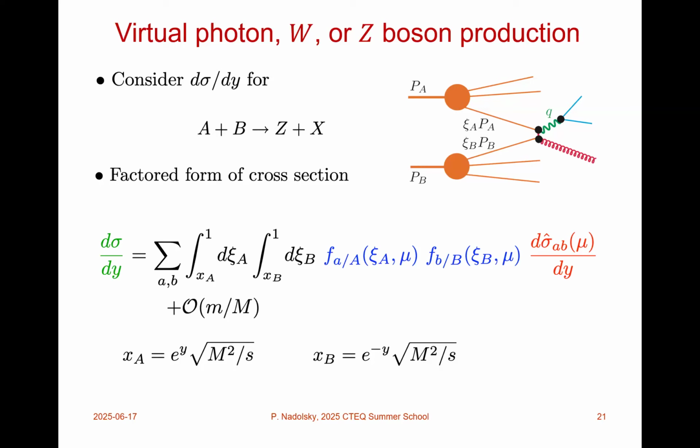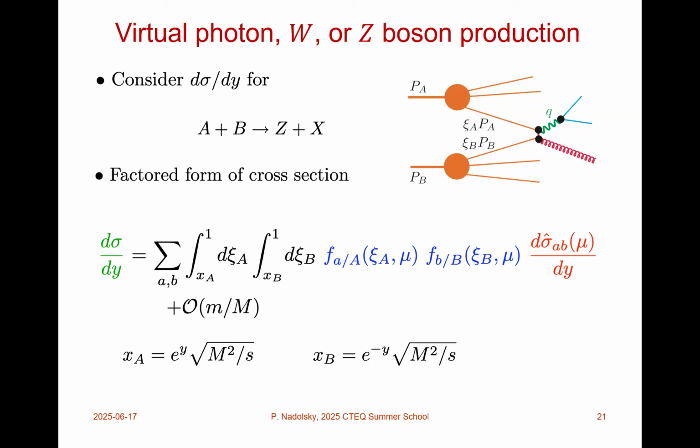The important thing is a process like the Drell-Yan process. What is the Drell-Yan process? It is where we scatter two hadrons and produce a colorless final state. It can be a Z, a W, or a lepton pair produced from the decay of a Z or W. It can be a Higgs boson.